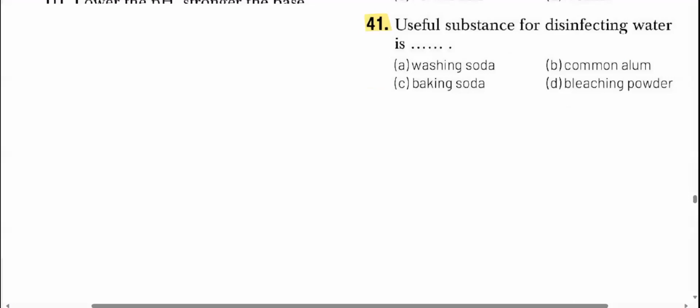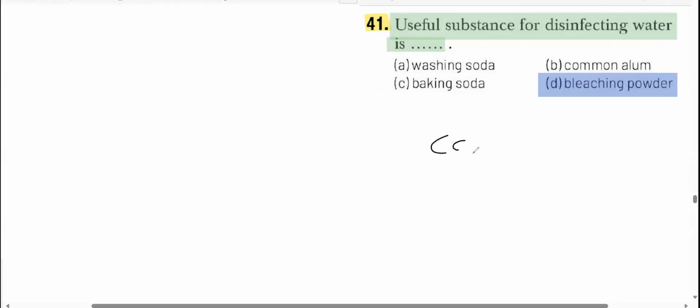In question number 41, it says, useful substance for disinfecting water. Clearly, we use bleaching powder, right? Bleaching powder is used for disinfecting water. Bleaching powder is chemically called calcium oxychloride.